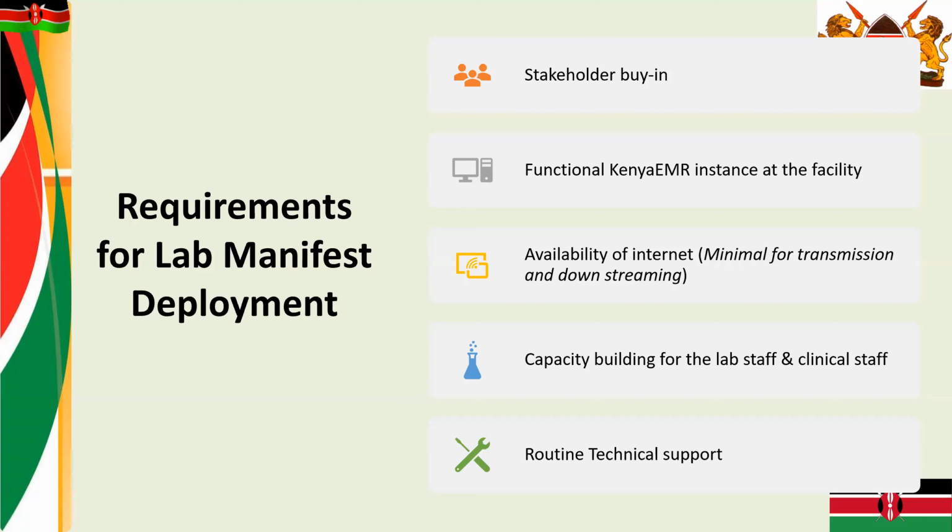Again, at a very minimum, you may want to have some availability of internet access. This will ensure that you are able to transmit the manifest, and also receive the viral load results that are coming in from the reference testing labs.